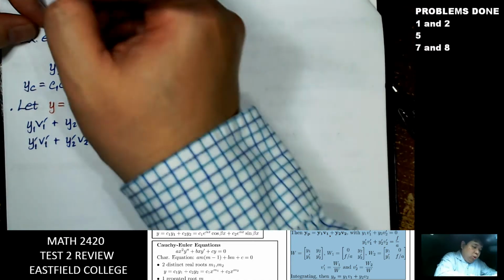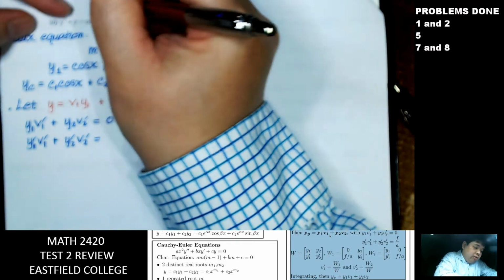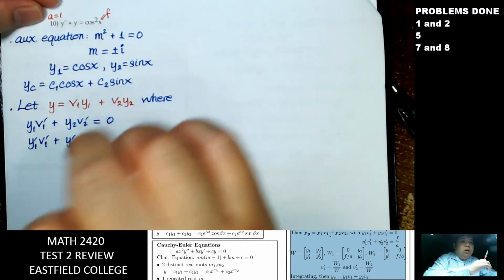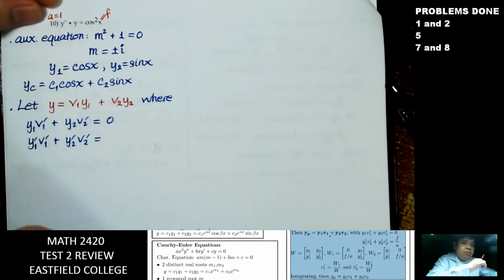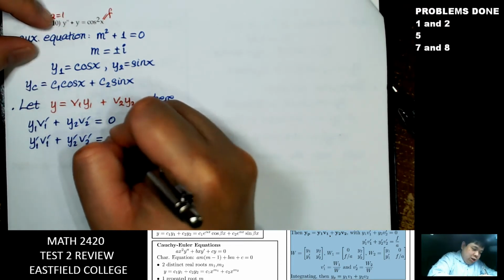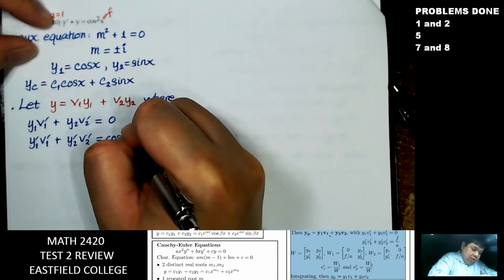From the original problem, this is f of x and a is equal to 1, so f over a, that over 1, will be just cosine square of x.